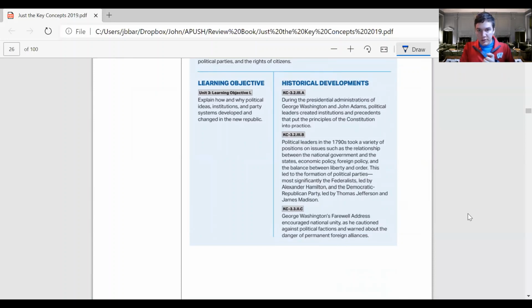So for Washington, some of the things that we need to know about Washington is that one of the early conflicts is the Whiskey Rebellion. There's an excise tax on whiskey, and with this tax, whiskey distillers go and protest.